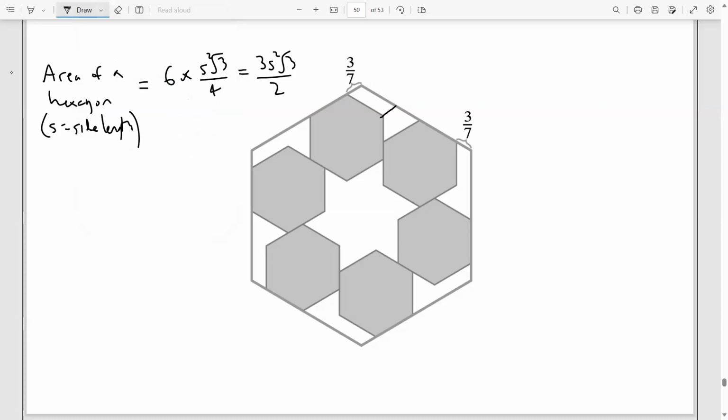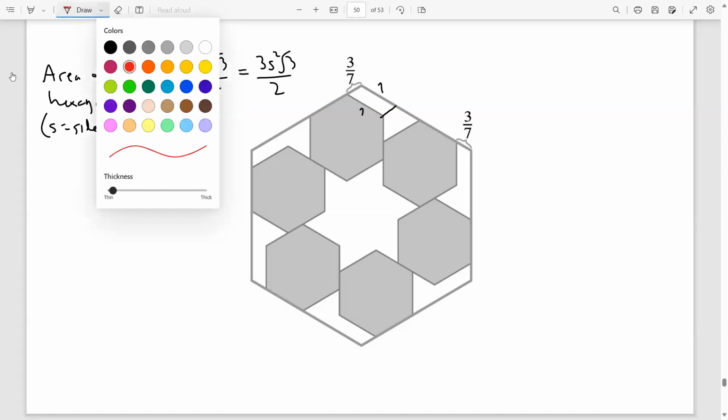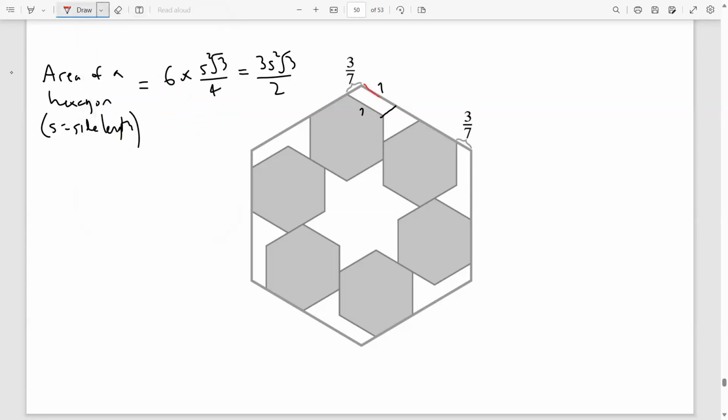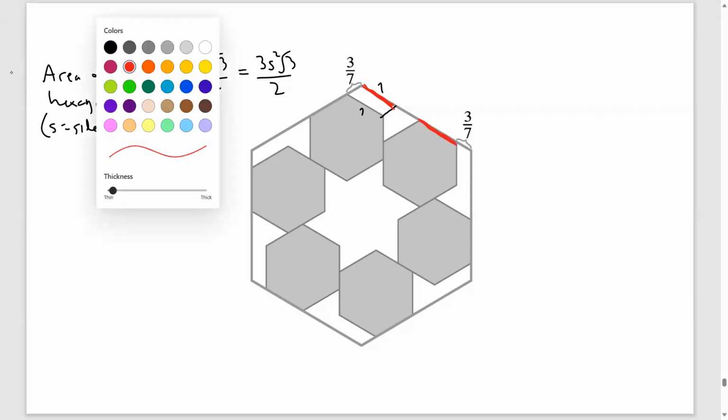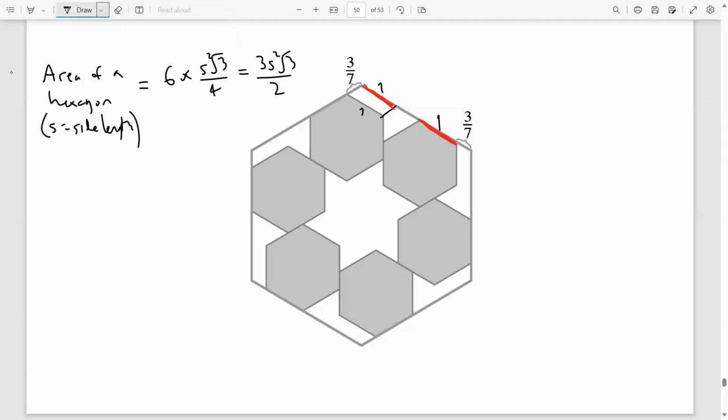And then since we have a bunch of parallel segments, we can now deduce that because the side length of the smaller hexagon is 1, as stated in the problem, then let's color code some segments. This red segment will also have length 1. Similarly, this red segment will also have length 1, as it is a side length.